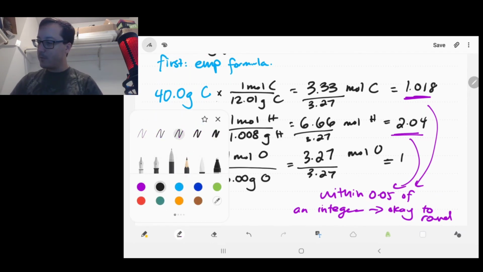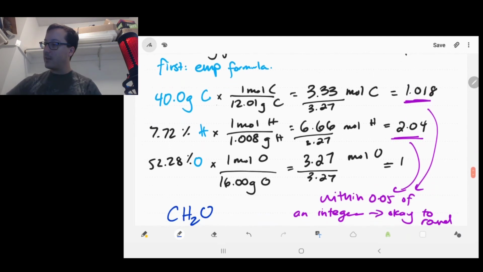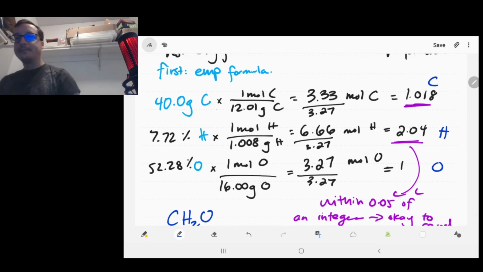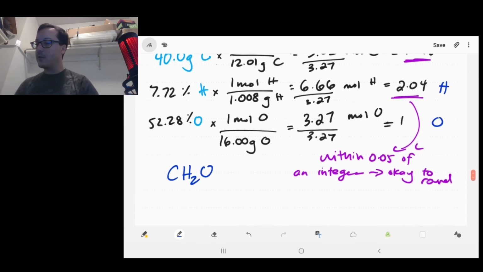So our empirical formula, therefore, is CH2O. That is our empirical formula. We've calculated this. We have 1 carbon, 2 hydrogens, and 1 oxygen. And so that is our empirical formula.